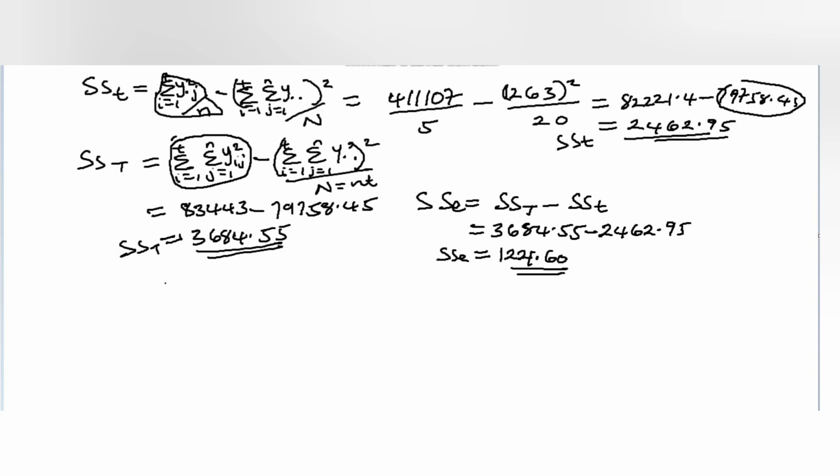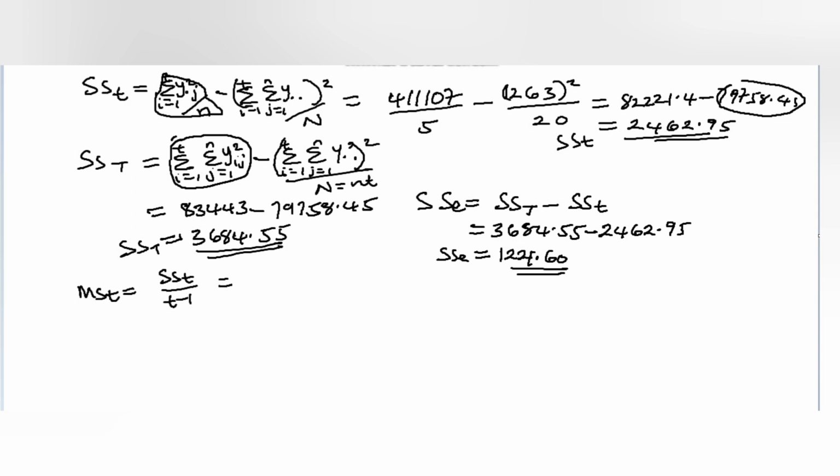Let's find our MS treatment. Our MS treatment is going to be equal to SS treatment over the degree of freedom, which is T minus 1. From our table we know that T is equal to 4, that is A, B, C and D. Then 4 minus 1 is going to give us 3.